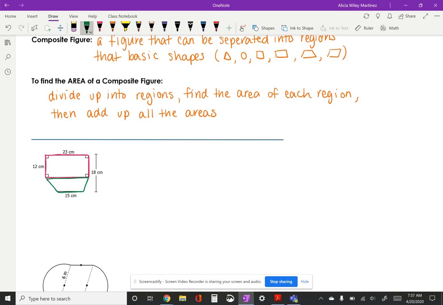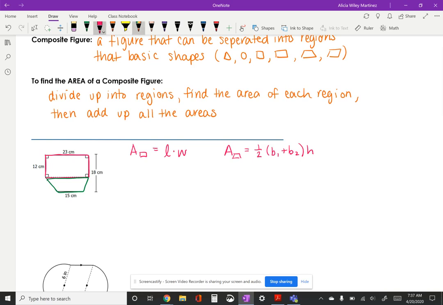The way that we find the area of a rectangle is the length times the width. And the way that we find the area of a trapezoid is 1/2 times base 1 plus base 2 times the height.